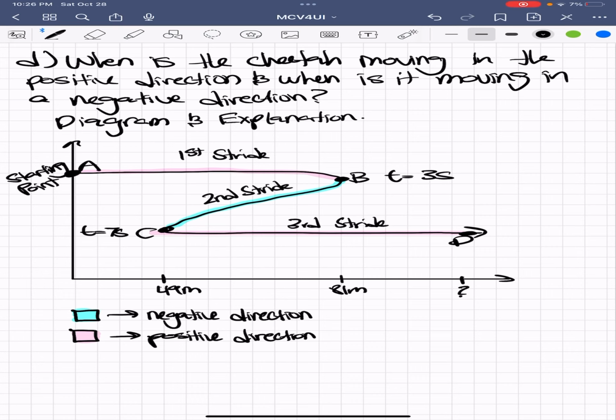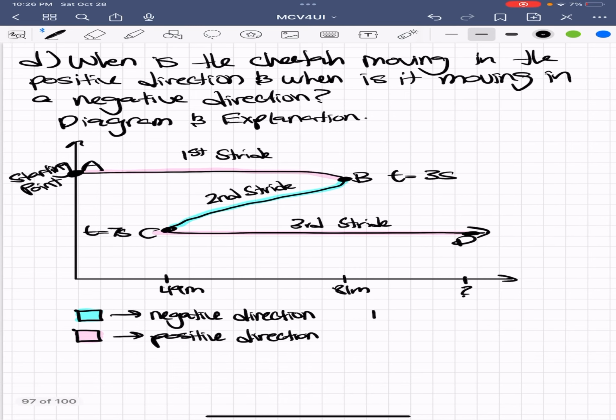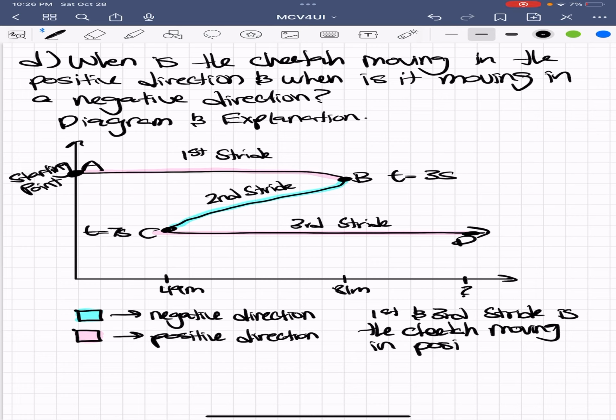So, we can also put it like this. The first and third stride is the cheetah moving in a positive direction. And the second stride is the cheetah moving in a negative direction.